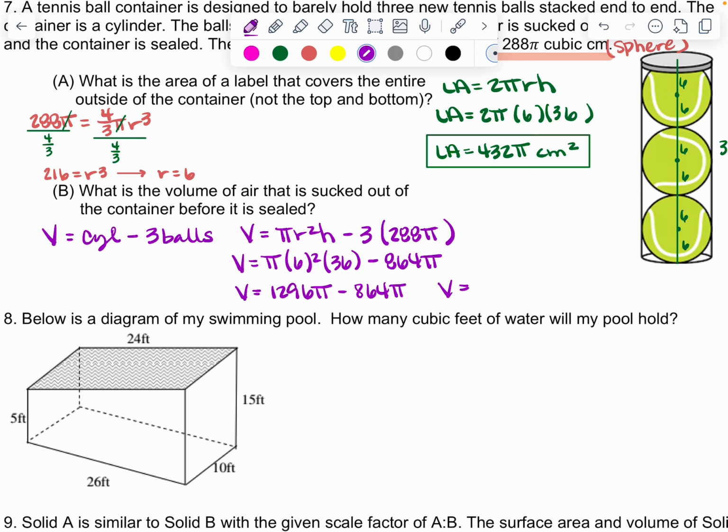So we're going to subtract the 864 pi from the 1296 pi, which gives us, what a coinky dink, 432 pi. The same number, but not the same answer because these are cubic centimeters and not square centimeters. So I know it's the same number, but it's not the same meaning with the different label there.